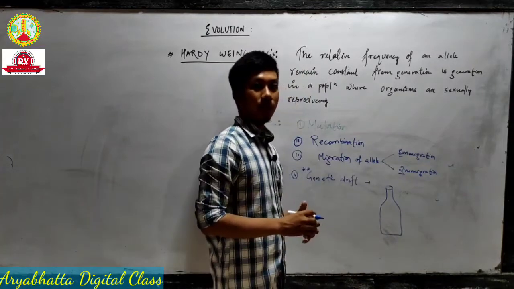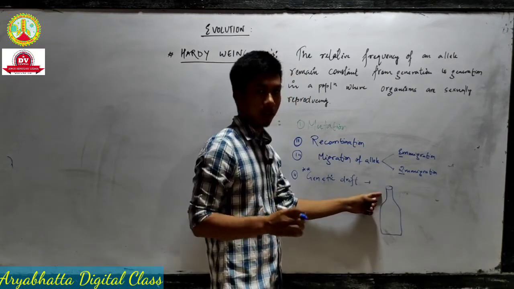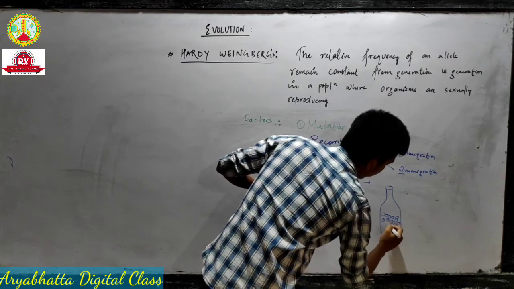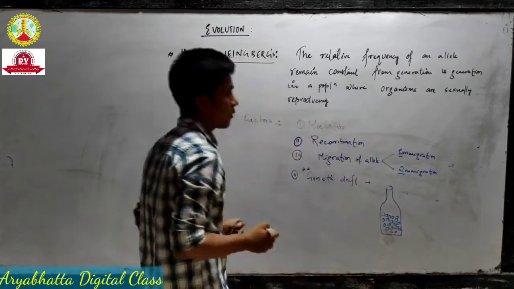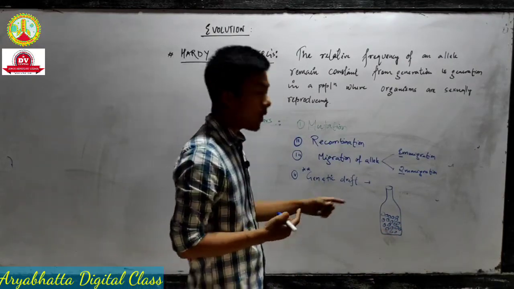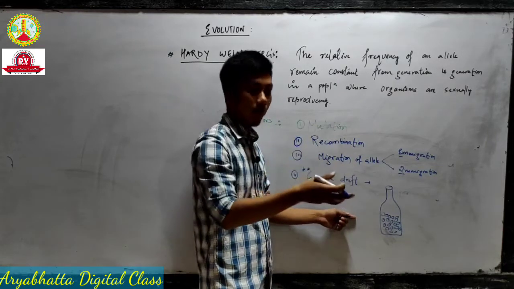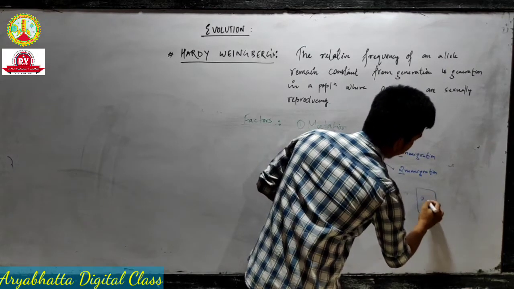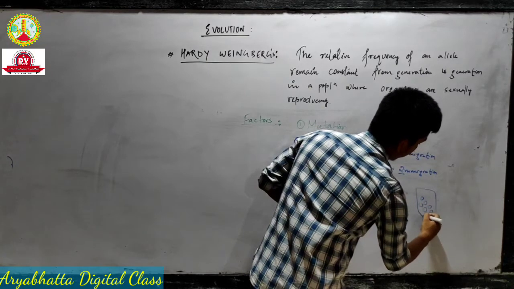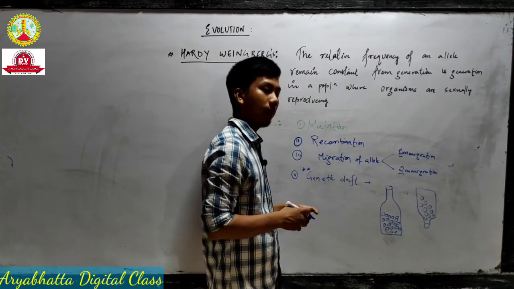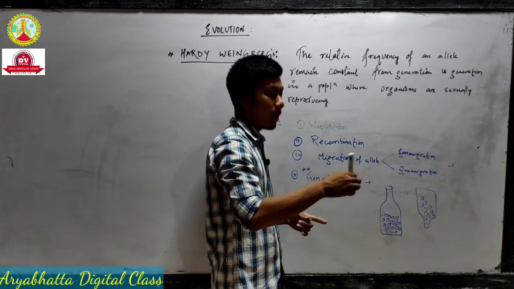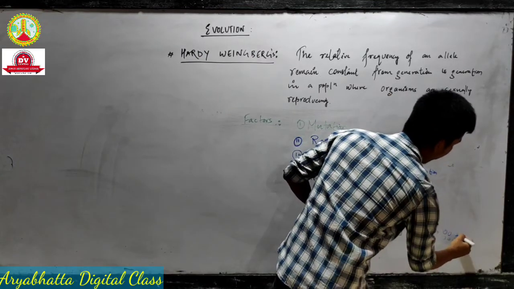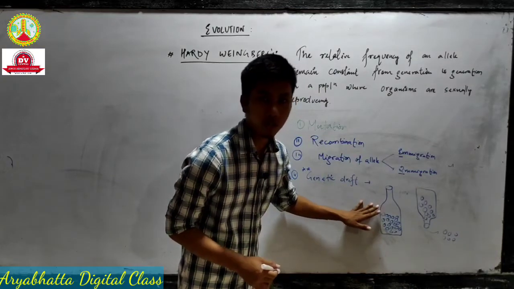Now when we put that bottle upside down, some pebbles are going to come out from the bottle and fall into one particular place. This is just an example to explain genetic drift.